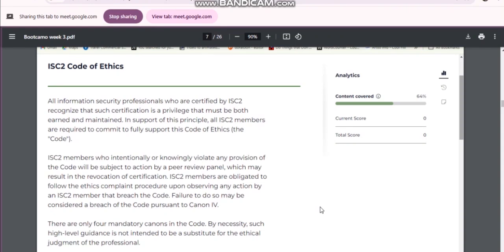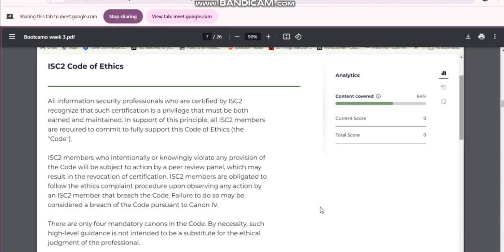So, in other words, there is this ethical judgment a professional or a person will have in front of situations. Above these canons, when it comes to real life situations or real life dangers, you shouldn't substitute your ethical judgment for the canons.